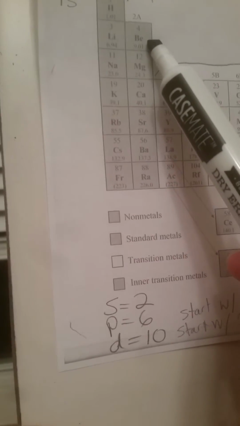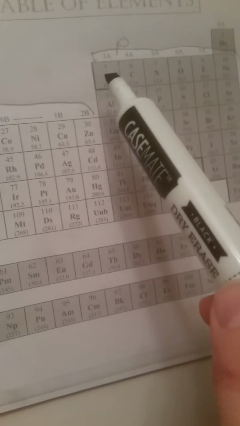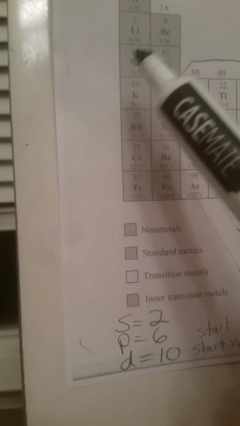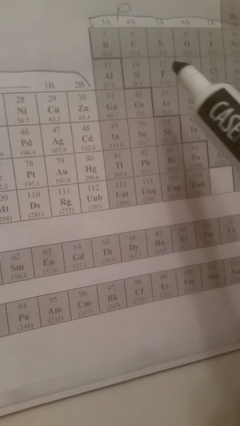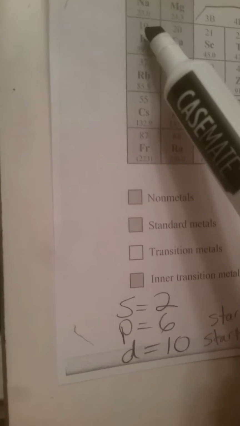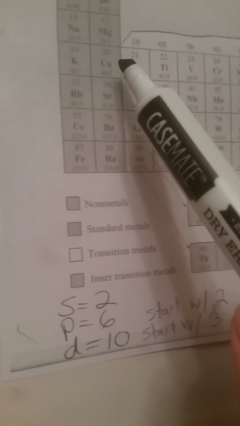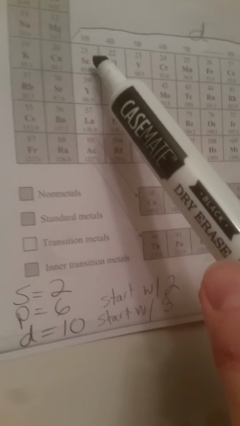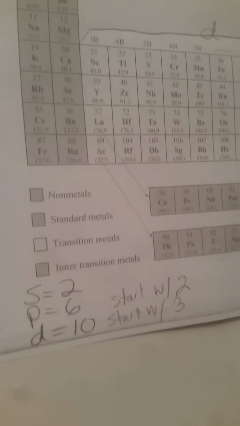So I've got 1s1, 1s2, 2s1, 2s2, 2p1 through 6, 3s1, 3s2, 3p1 through 6, then 4s1, 4s2, 3d1, 3d2, and we're there at titanium.